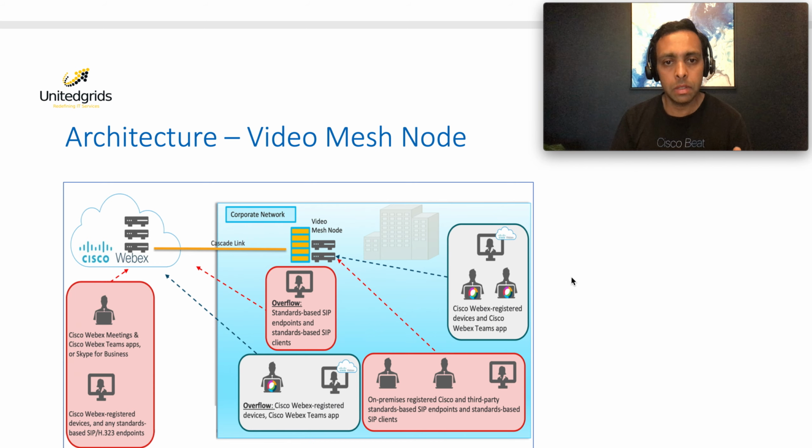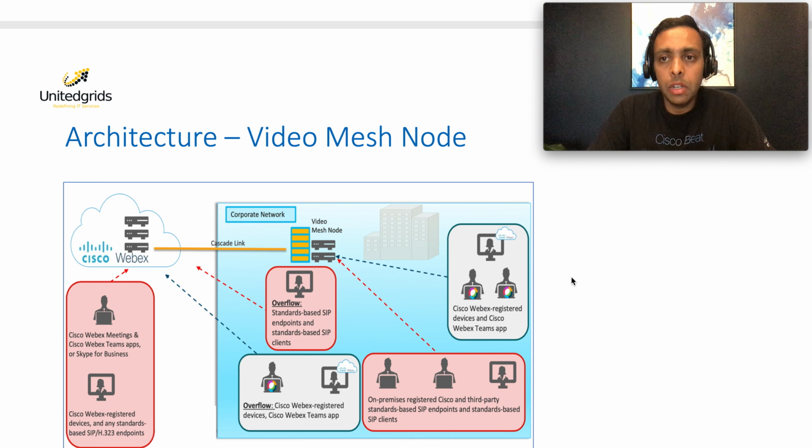Now what Cisco has come up with is to do the switching locally. That's where the video mesh comes into the picture. You can see one node sitting on-premise, which means that I will still have the control capabilities, with your signaling going all the way to the cloud. The Cisco Cloud, which is the WebEx servers, will still act as the control segment. But when it comes to the media, the WebEx servers will ask the endpoints to terminate on the video mesh nodes.